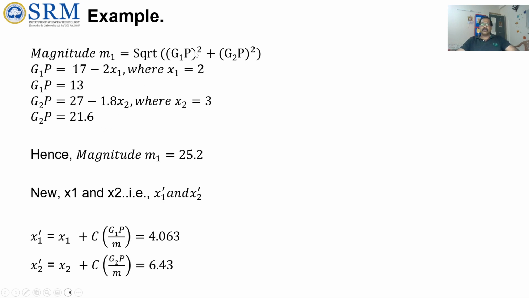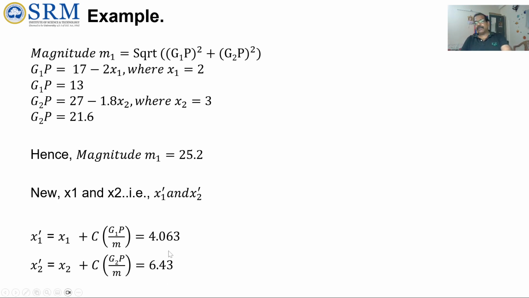So the square root of this will be giving us 25.2. Square root of this whole square plus this whole square, that will be giving m. Once we know the m value, substitute the m value here. Once you substitute the m value, we know the g value, we know the step size, and we also know the current operating condition x1, x2. We will be getting the new x1 and x2, that is x1 prime and x2 prime.